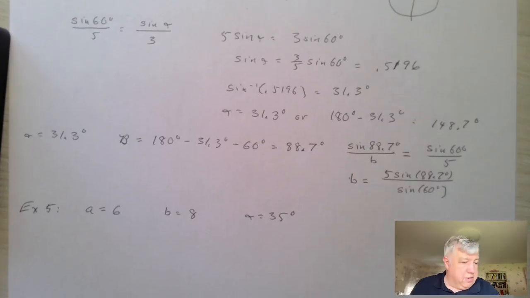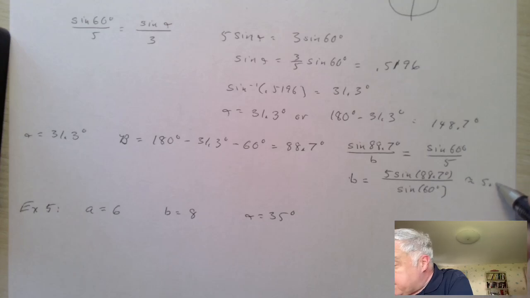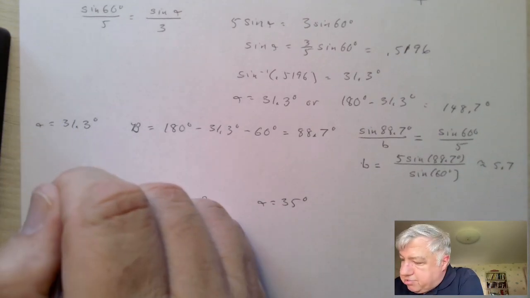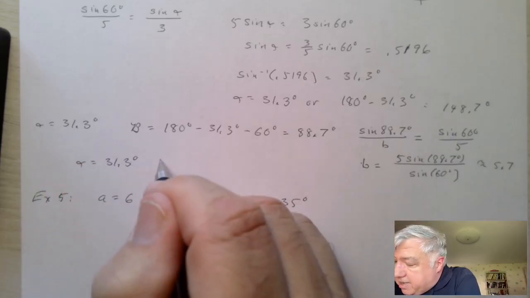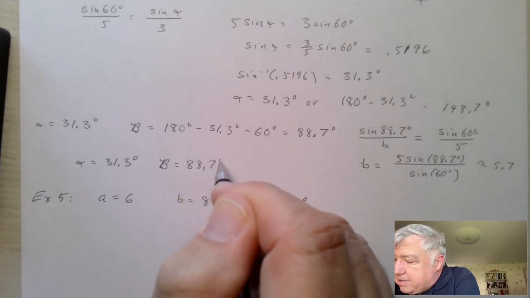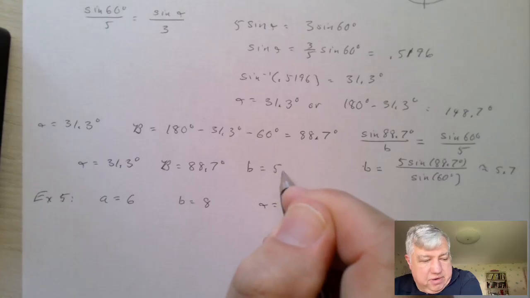Okay, and on your calculator this is approximately equal to 5.7. Okay, so that's one set of solutions. One set of solutions would be alpha equals 31.3 degrees, beta equals 88.7 degrees, and b is 5.7.